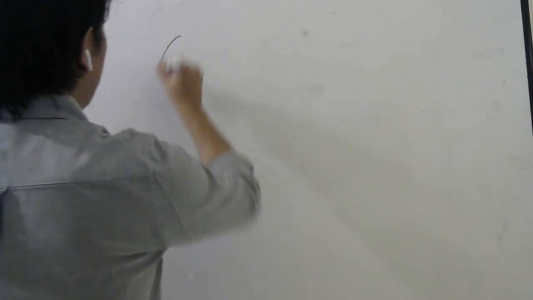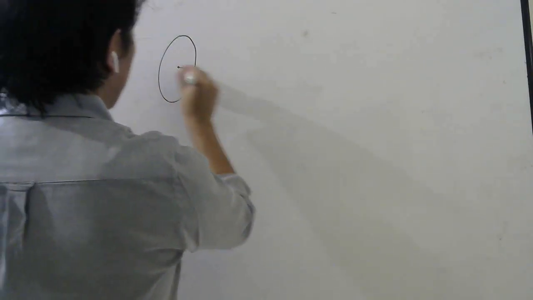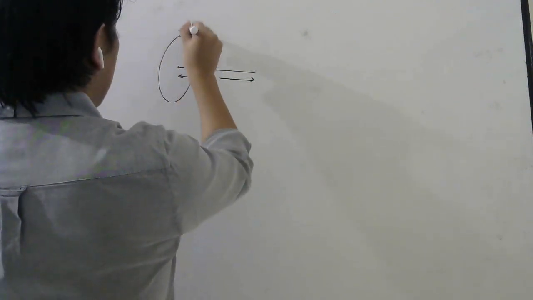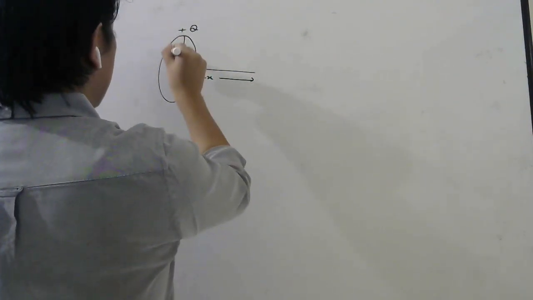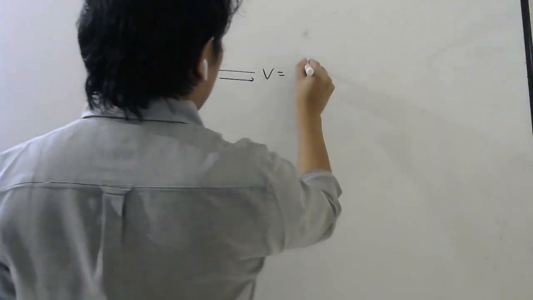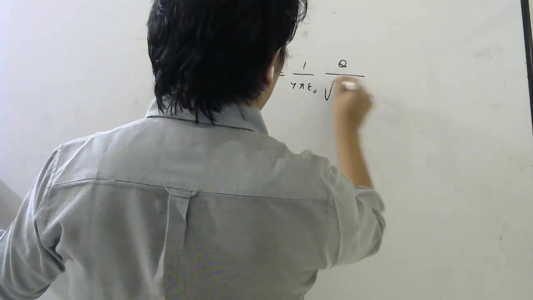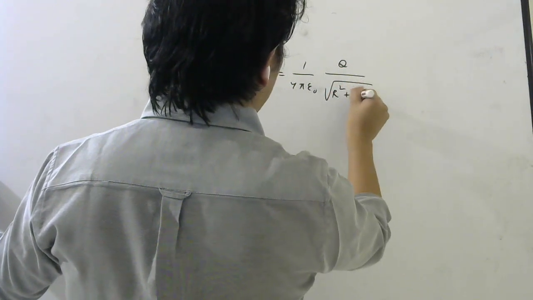Okay, before I end this video, let me just go back and revise today's class. Okay, students, because I don't want any confusion. See here, for a ring, potential at a distance x, when the charge on the ring is q, radius of the ring is r. Here potential is 1 by 4 pi epsilon naught q by root over r square plus x square.